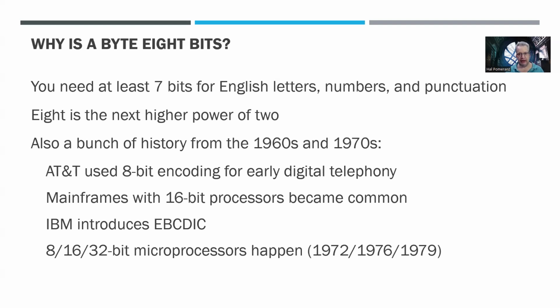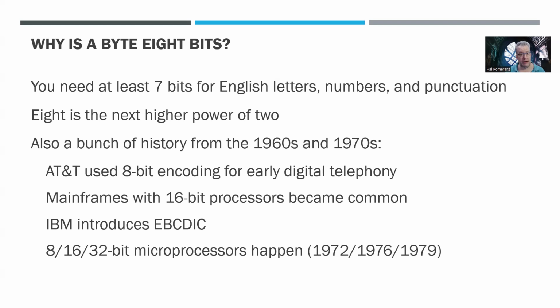You'll notice that 8, 16, and 32-bit microprocessors all happened very quickly, right? The 8-bit processors really started appearing in 1972, 16-bit just a few years later in 76, and by the end of the 70s, we had 32-bit microprocessors like the Motorola 68000.